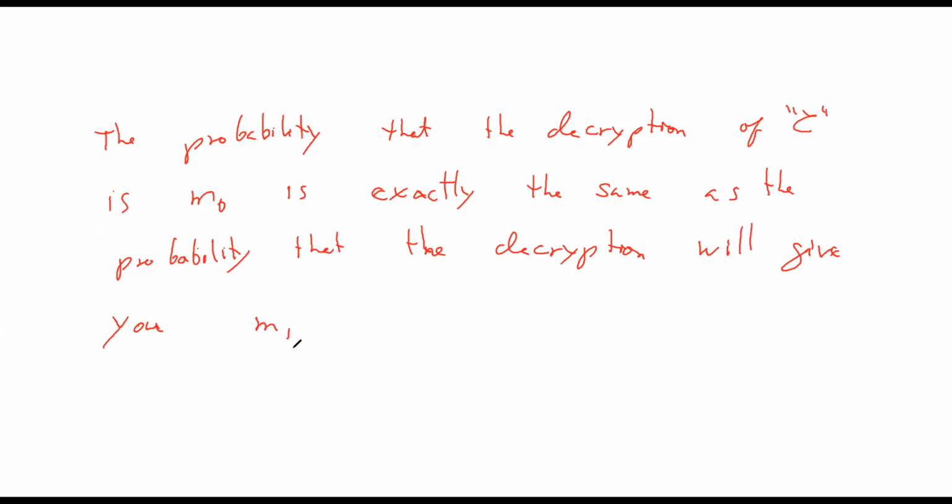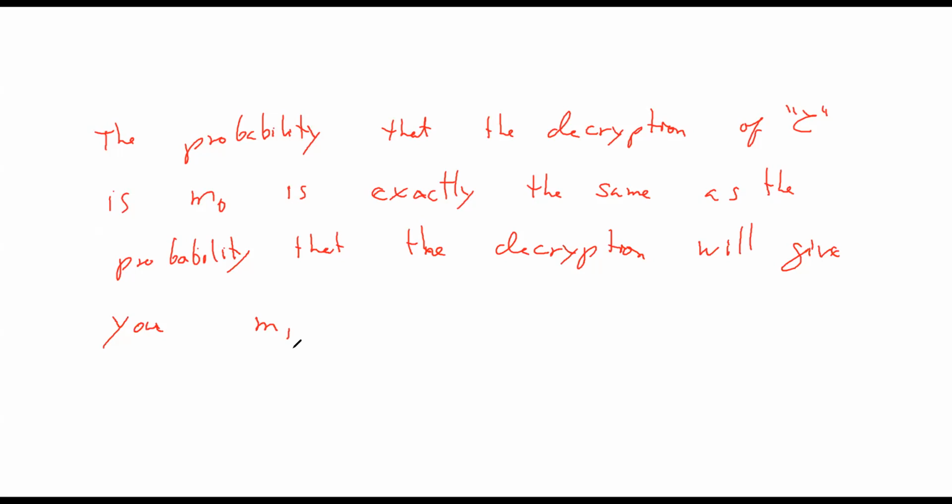Another way of viewing this is, if you are a hacker, and maybe you can't break it immediately, but if you could say from the cipher, okay, I see this pattern of S's, and I think this thing has more S's, so it probably came from M0.